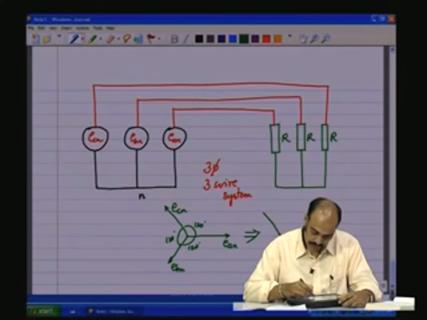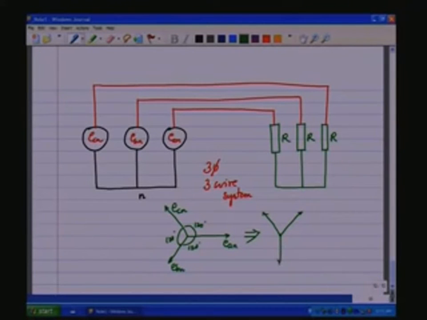Now, this can also be written differently in this form, because we can take anything as the reference. Okay. 120, 120, 120. Okay.